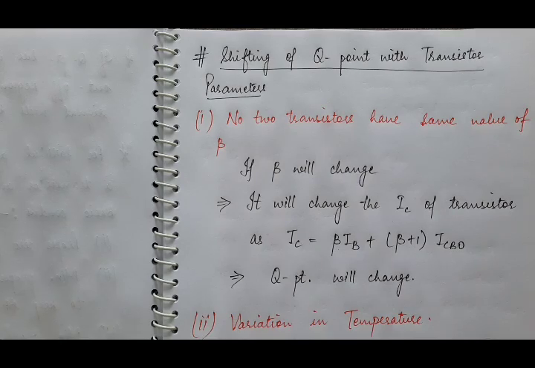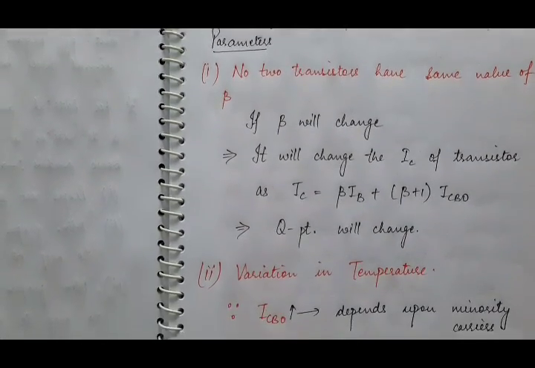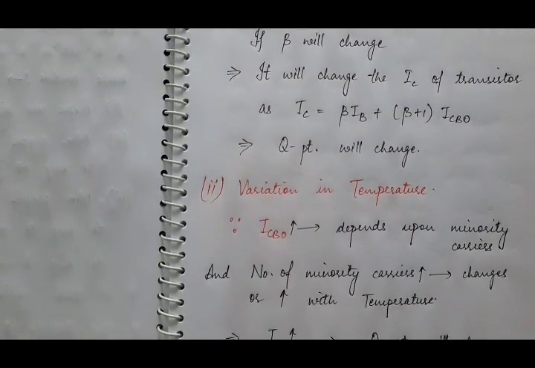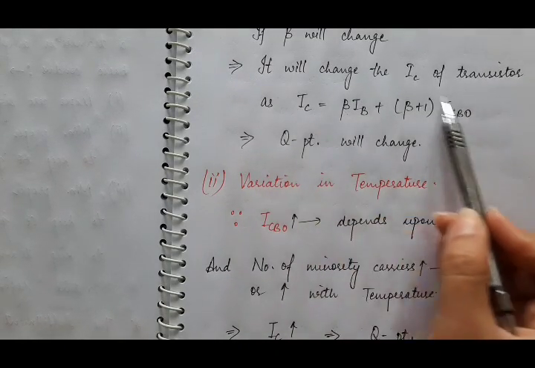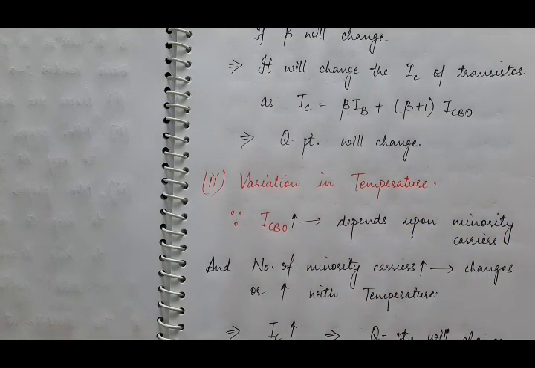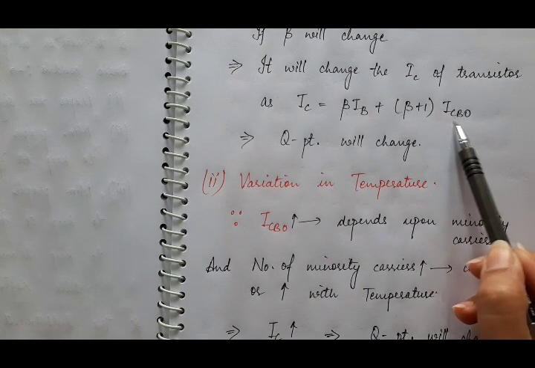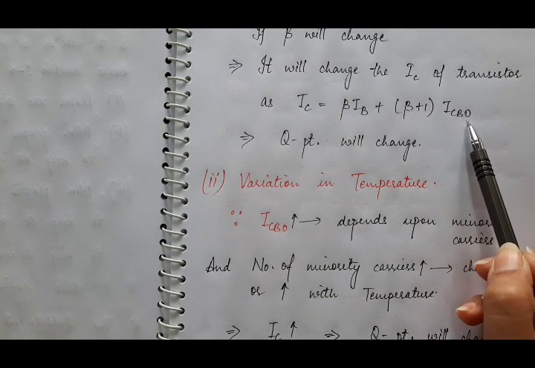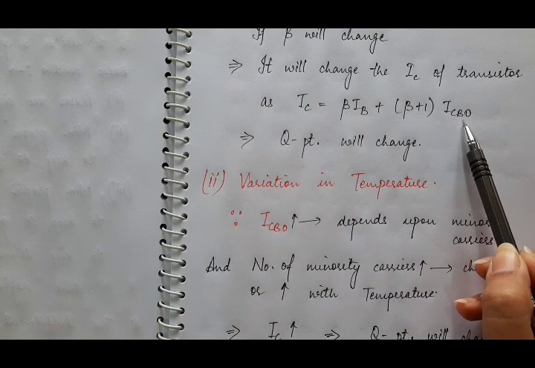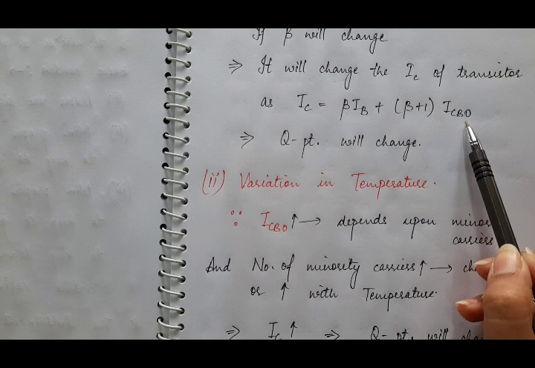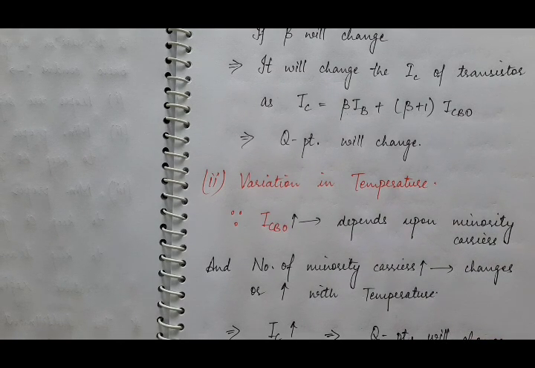And the second shifting of Q point is with the variation in temperature. Again, check this expression of collector current, where ICBO is the leakage current. And we know that this leakage current is because of the flow of minority carriers, and the number of minority carriers depends upon the temperature only.